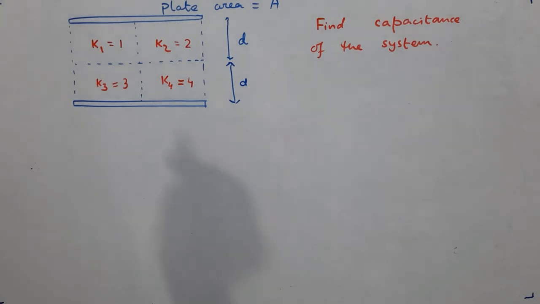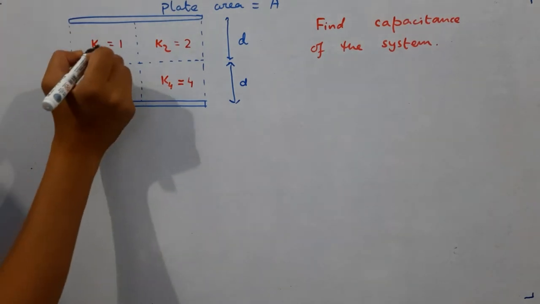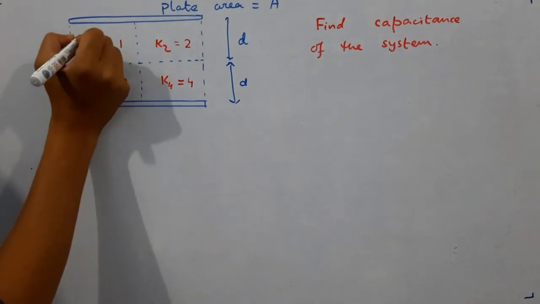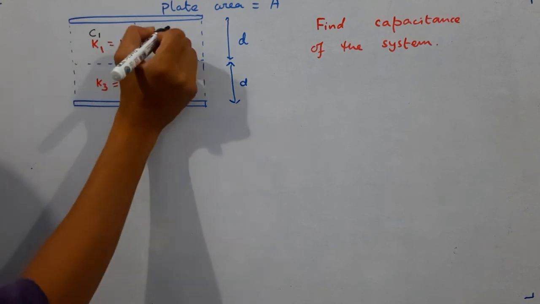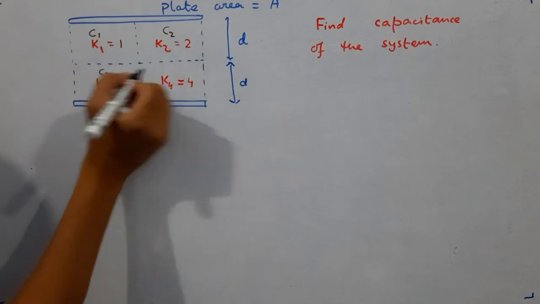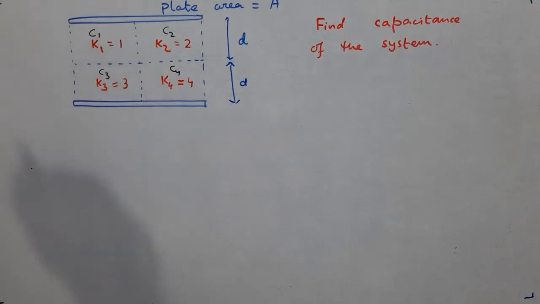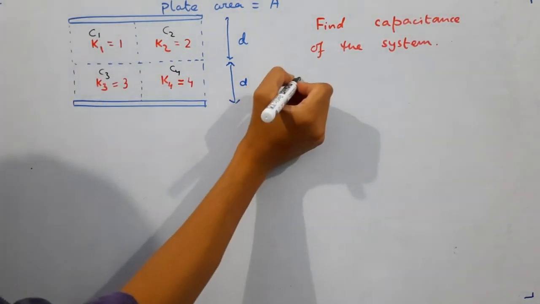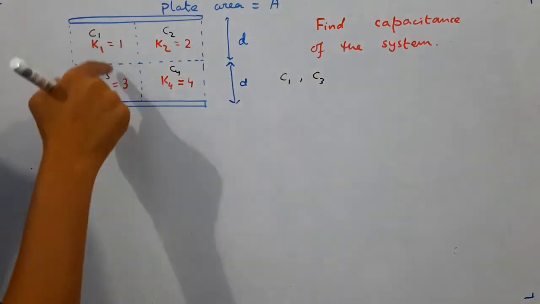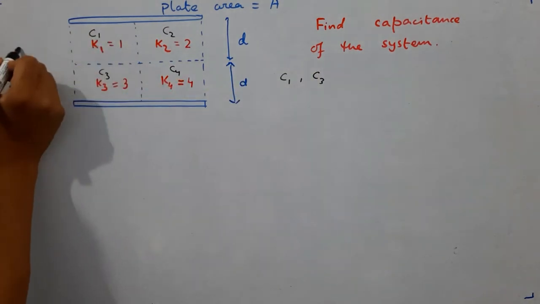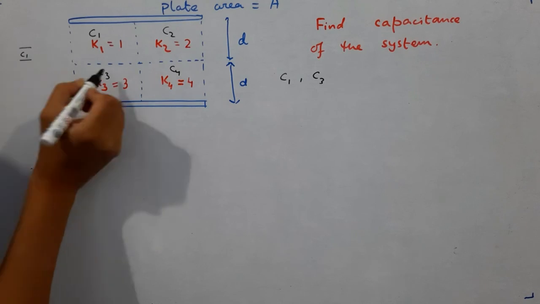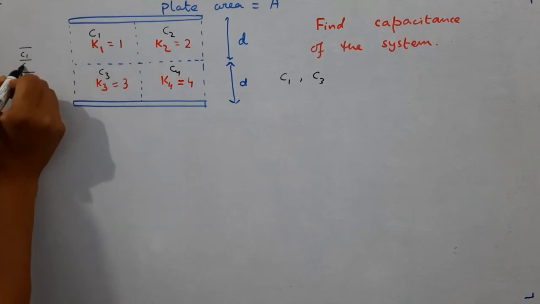In this particular question, I'll assign some value of capacitances, say C1 for the first part, C2, likewise C3, and C4 is the capacitance for the fourth part. It's easy to see that C1 and C3, if I draw them together once again, this is C1, then the bottom part is C3.